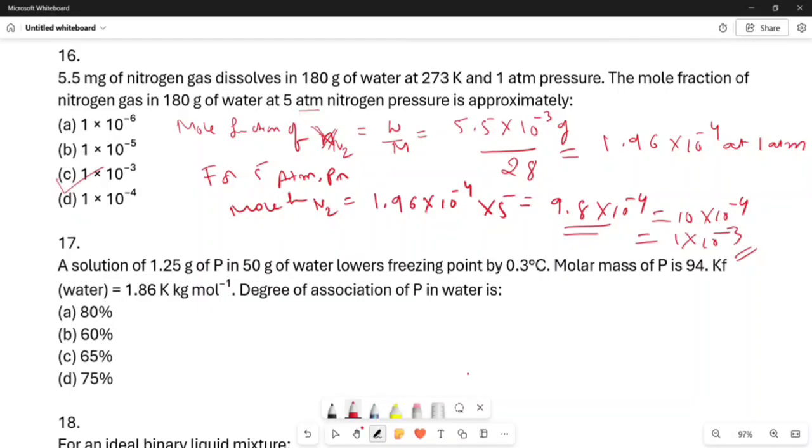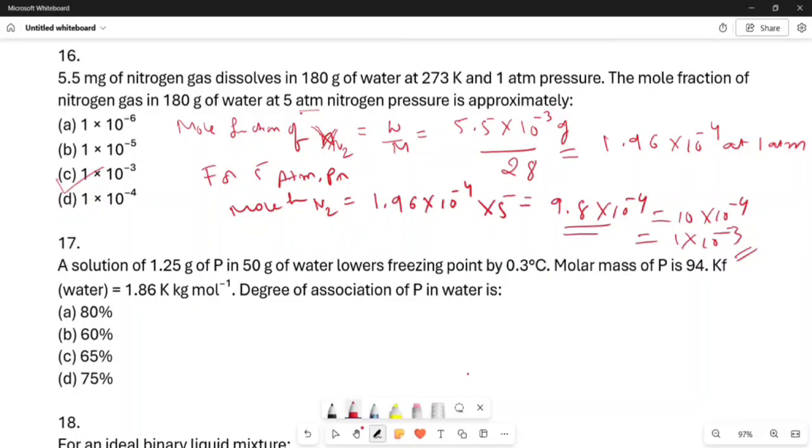Next I move to question number 17. A solution of 1.25 gram of P in 50 gram of water lowers the freezing point by 0.3 degree centigrade. Molar mass of component P is 94 and Kf of water is 1.86 Kelvin kg per mole. So you have to calculate the degree of association of P in water. See here, first they have given the Kf value, W value.